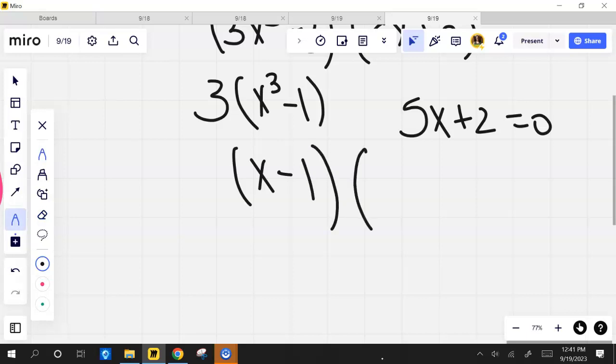And then, good God. x squared plus, no. So I don't remember the quadratic formula.